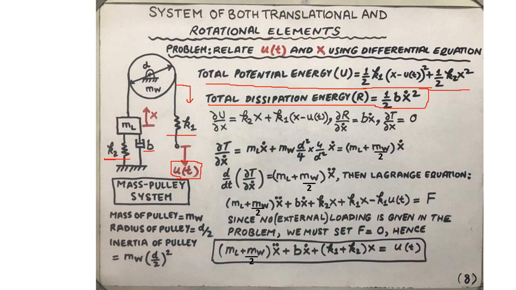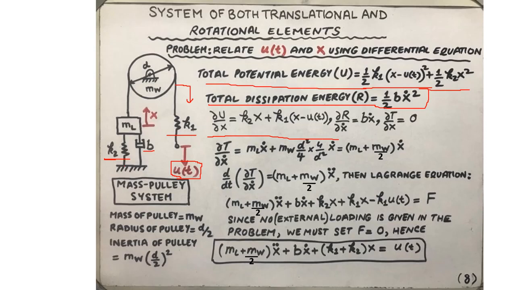In order to apply Lagrange, we need to calculate the partial derivatives of energies with respect to the displacement variable, which is x. So partial U over partial x is K2 times x plus K1 times (x minus u of t).